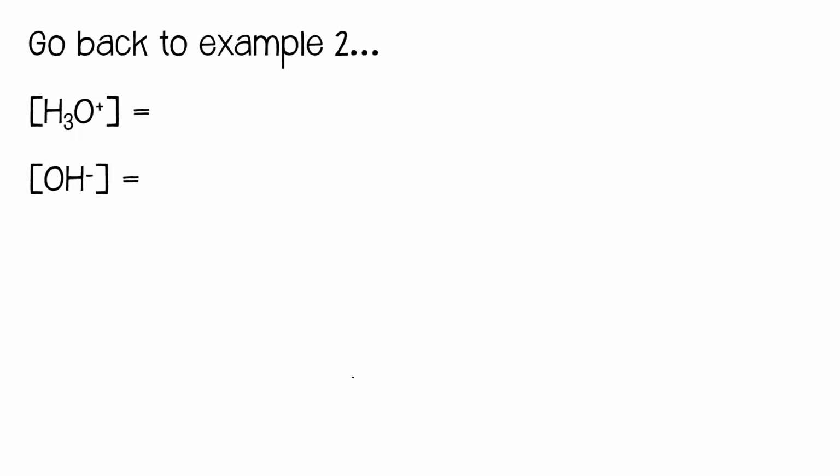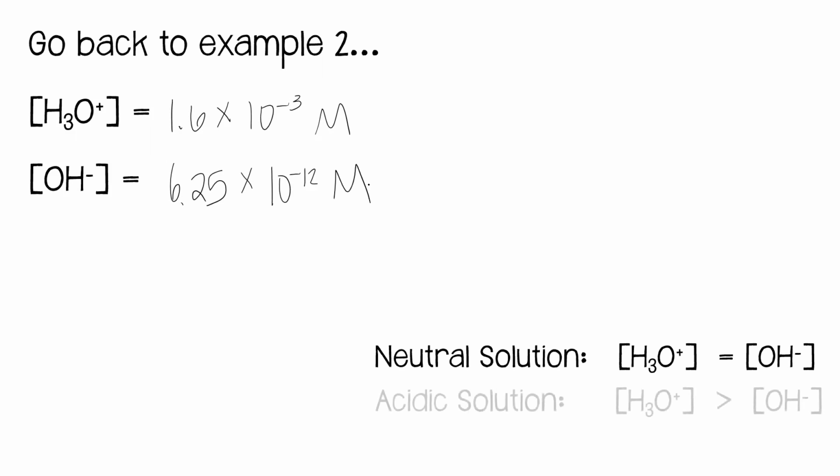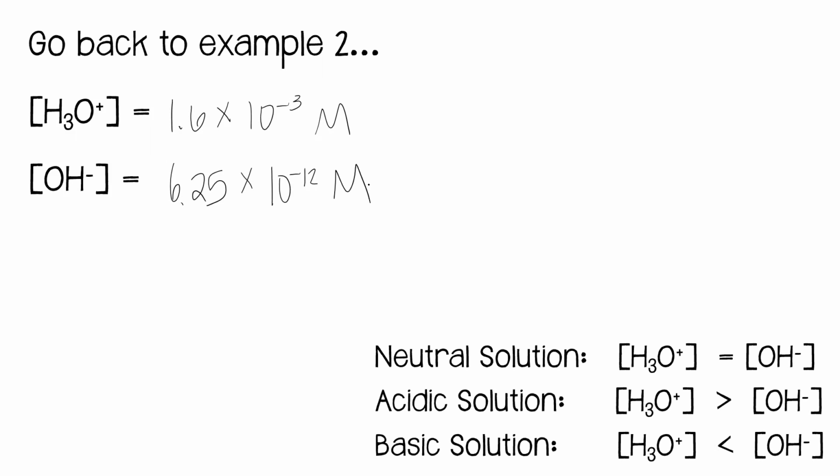Okay, looking at number 2. Hydronium, 1.6 times 10 to the negative 3. Hydroxide, 6.25 times 10 to the negative 12. Okay, which one is bigger? You can rewrite it out how I did before.